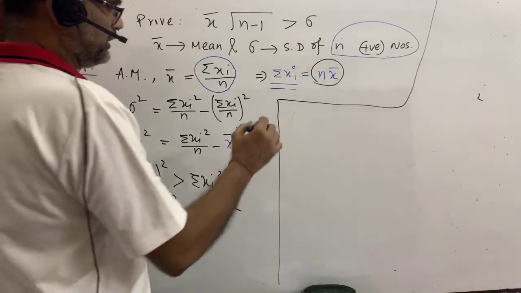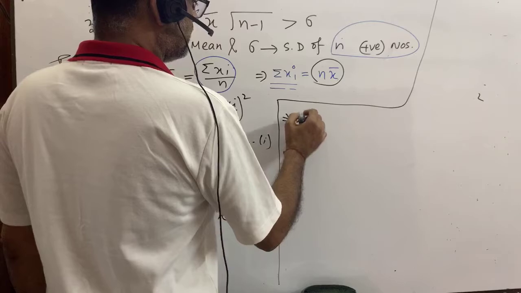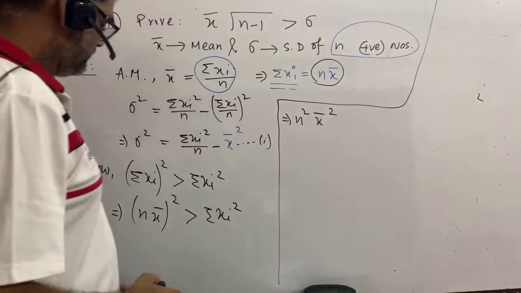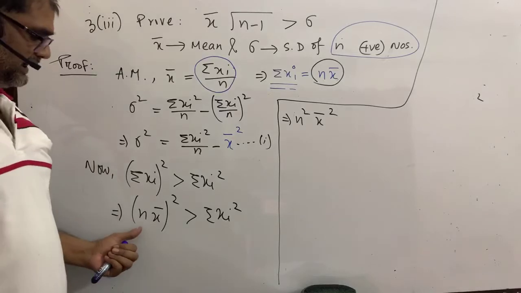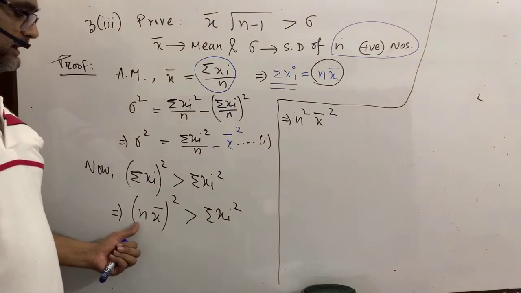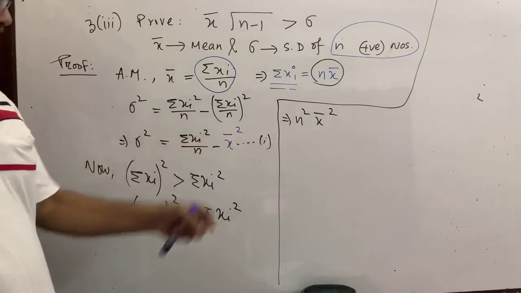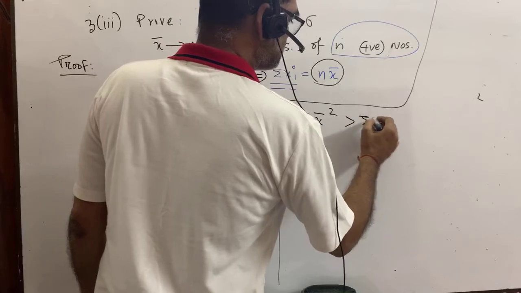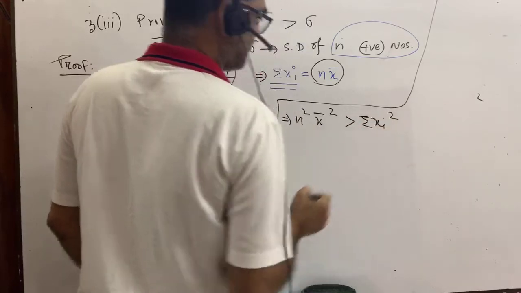N square, you write down n square x bar square. I have squared n square. Okay, n square, then x bar square greater than summation xi square.